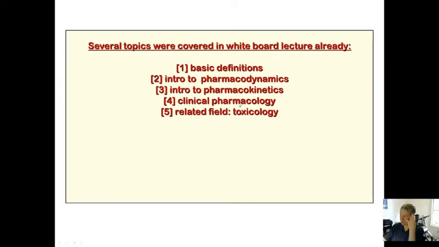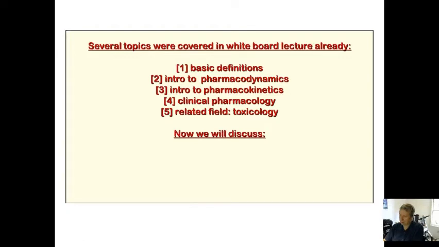We talked a little bit about clinical pharmacology and the steps you take to get drugs on the market. And we also talked about toxicology a bit, which is a related field to pharmacology.